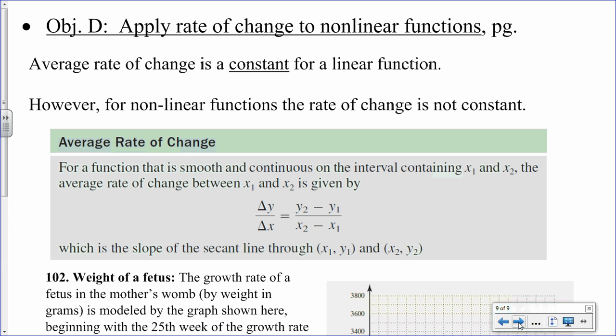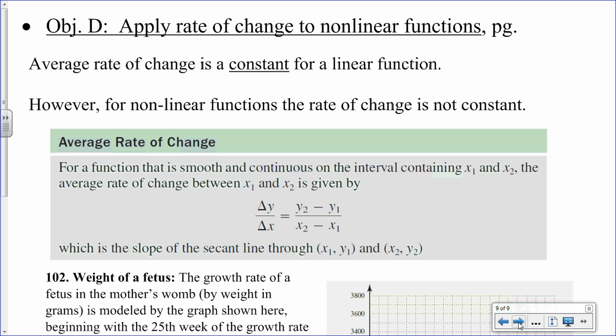Okay, so talking about rate of change, so average rate of change for nonlinear functions. Remember, rate of change means slope. So for a linear function, your slope is constant. It never changes. That's what makes it linear.